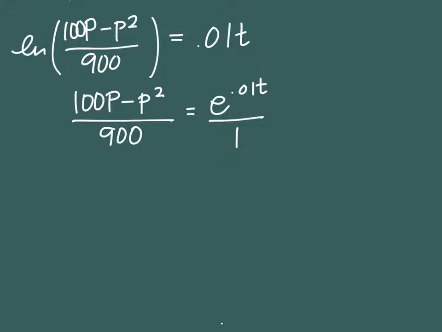When we cross multiply, we'll have 100p minus p squared equals 900 e to the 0.01t. This is as far as we got yesterday, or 2 days ago. Now we have to factor, and we have to do reciprocal, and we have a whole bunch more stuff to do. Okay, I want to fast forward through that.